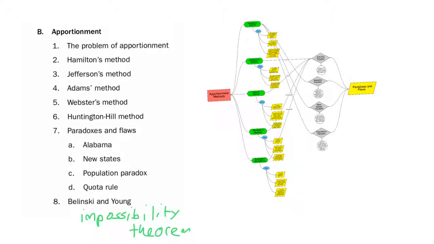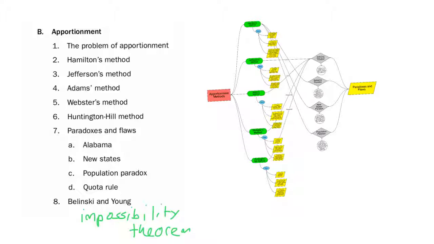Okay, so what the Balinski and Young impossibility theorem says is that an apportionment method that does not violate the quota rule, which by the way is right here, and does not produce any paradoxes, is a mathematical impossibility. So I'll say that again.